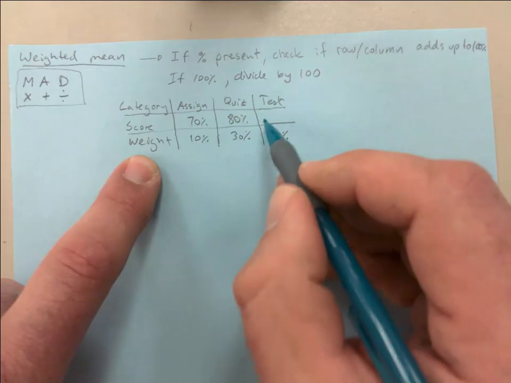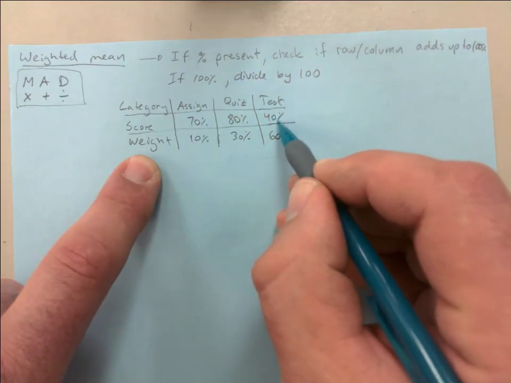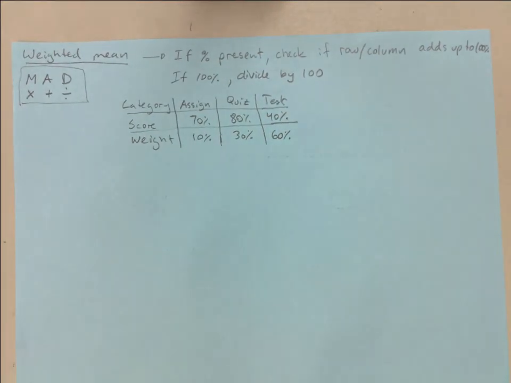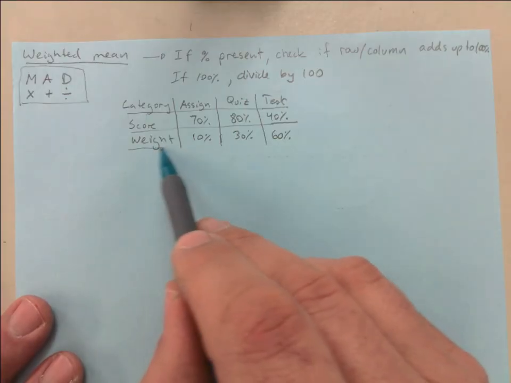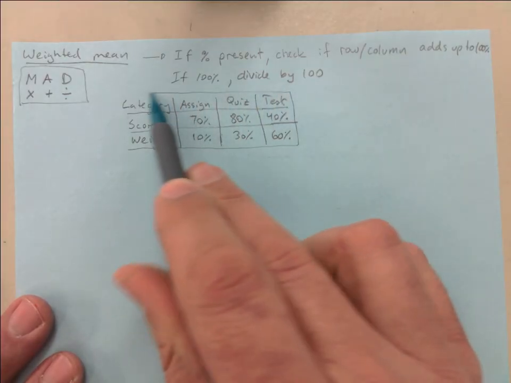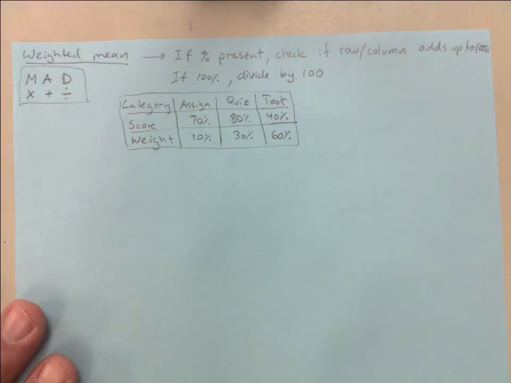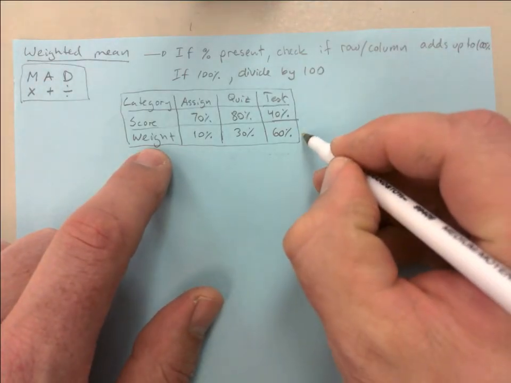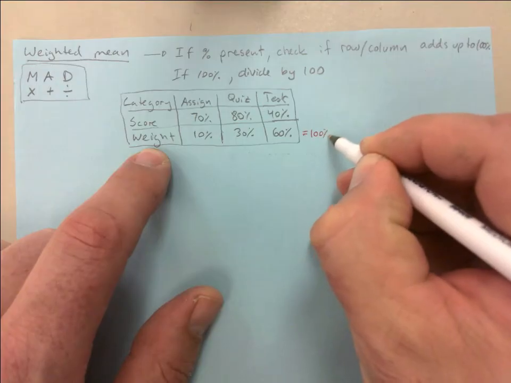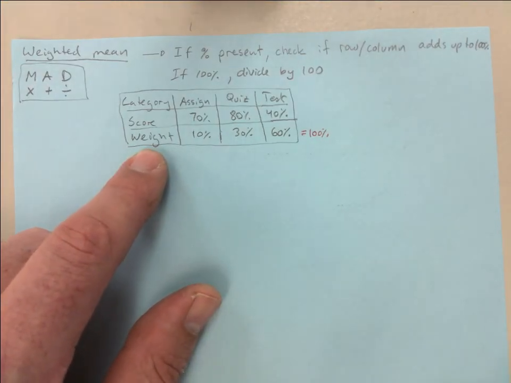And on the test, let's say you got 40% on all tests combined. It wasn't a good year, right? It was a bad year. So you should have a table and then check, right? This one is worth 100%.